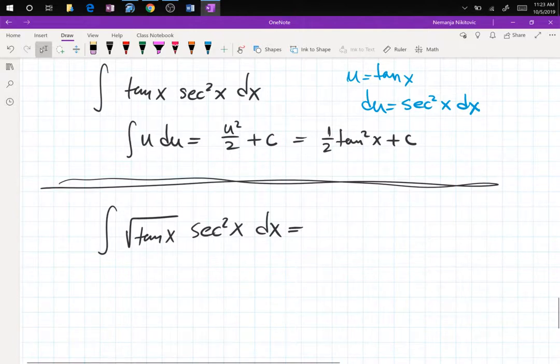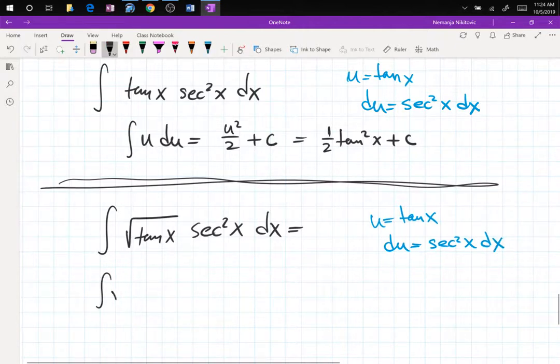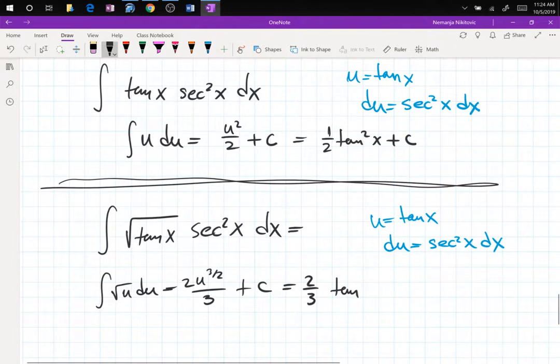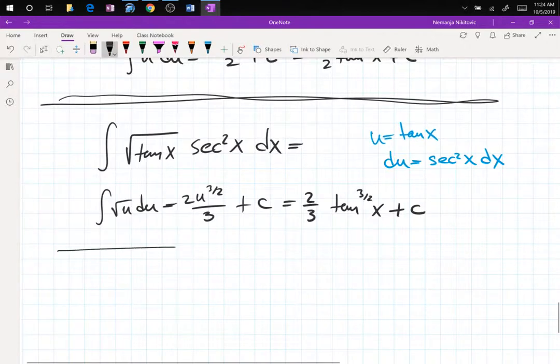So same u sub as before. This time you're integrating root of u rather than u. So we have u equals tangent x, du equals secant squared x dx, and that just gives us the integral of root u du, which leads into u to the 3/2 divided by 3/2 plus c, which is 2/3 tangent to the 3/2 x plus c, and we are done.